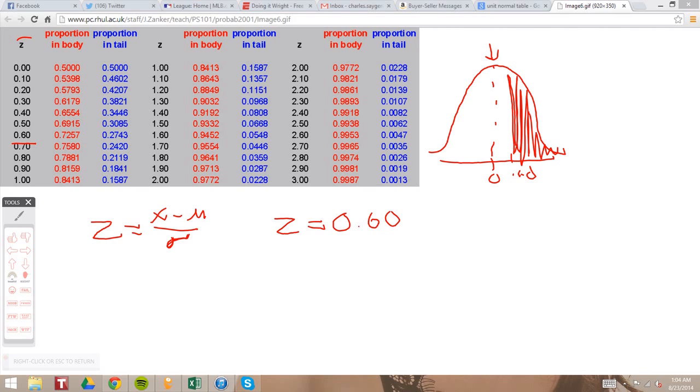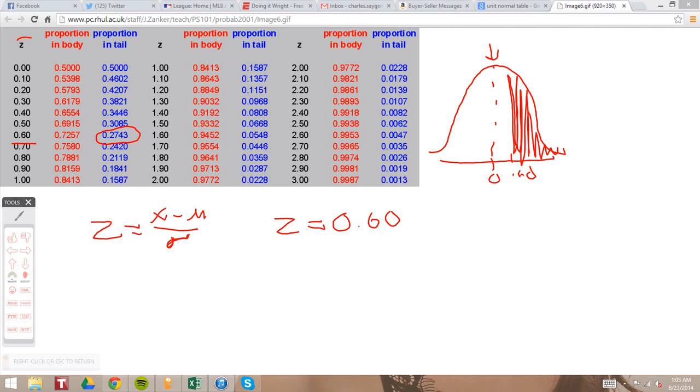Since our z-score of 0.6 is shaded to the right, that is less than 50%, so we use the proportion in tail column. We go down to 0.6, and we get 0.2743. So the probability of having a score above a z-score of 0.6 is 0.2743, or 27.43%.